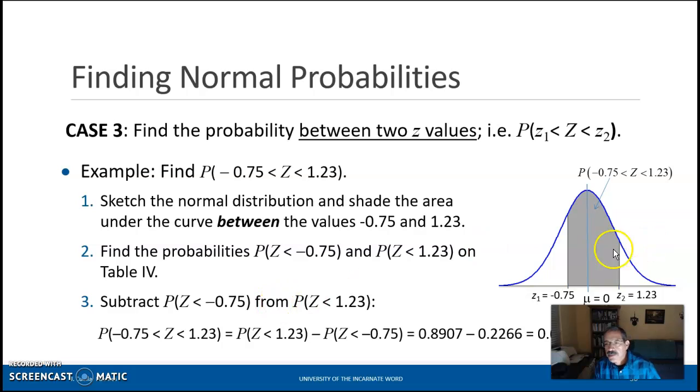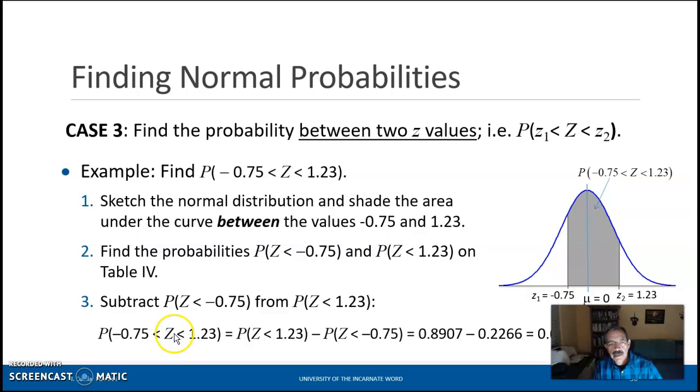So how do we find this probability? We calculate the cumulative probabilities, that is the probability to the left of the upper value and the lower value, and we subtract the smaller probability from the bigger probability. And that's what I'm indicating here.